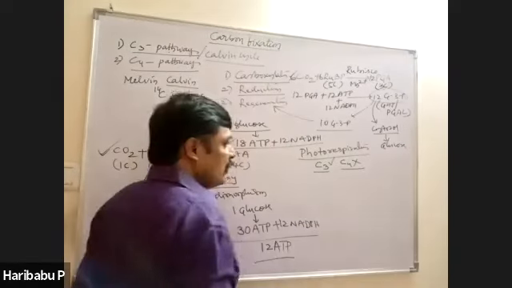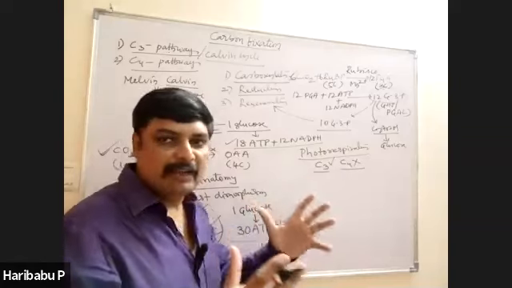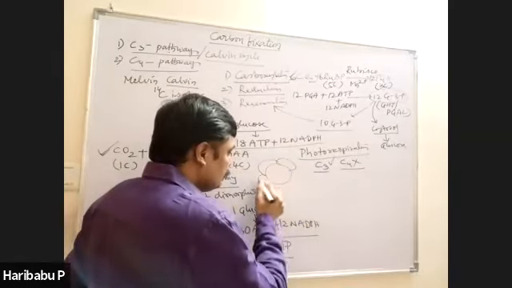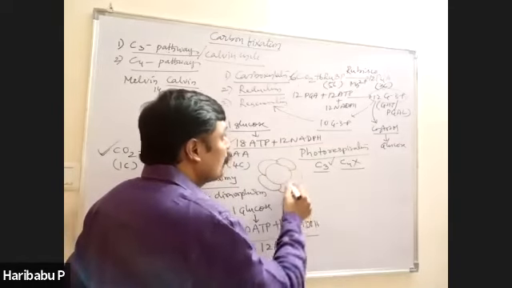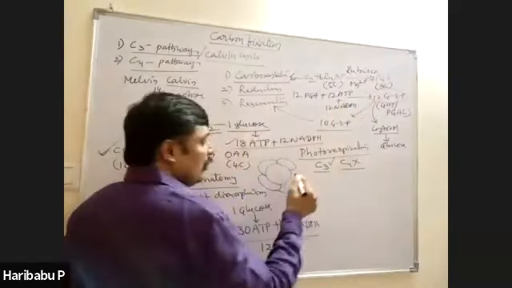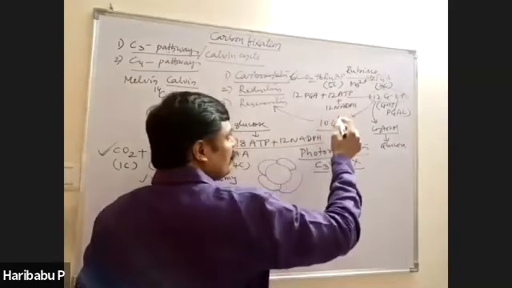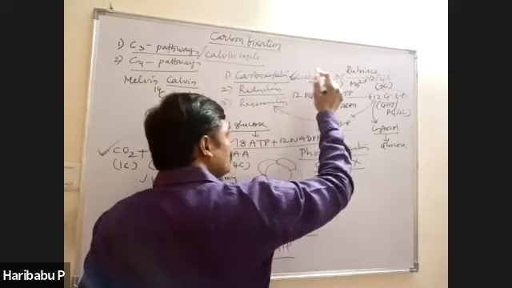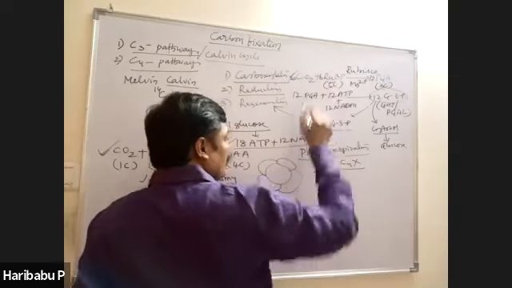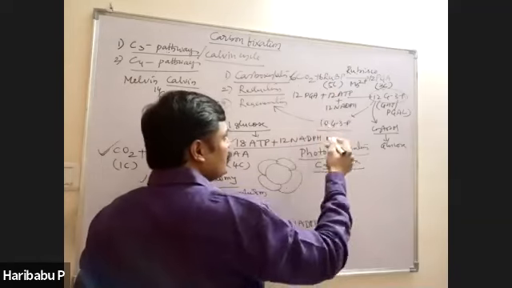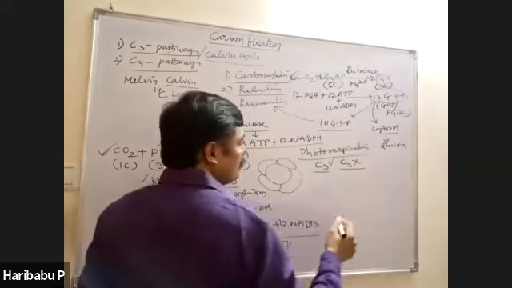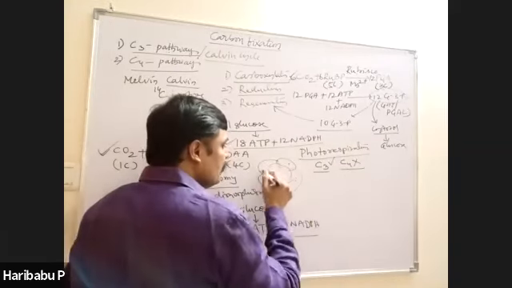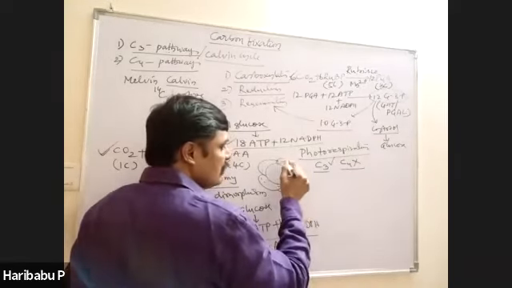C4 plants maintain high levels of CO2 in the bundle sheath cells. In the bundle sheath cells, Rubisco is present. Rubisco is a dual enzyme. It can add carbon dioxide to RuBP or oxygen to RuBP. Therefore, if more carbon dioxide is there, it automatically acts as a carboxylase.